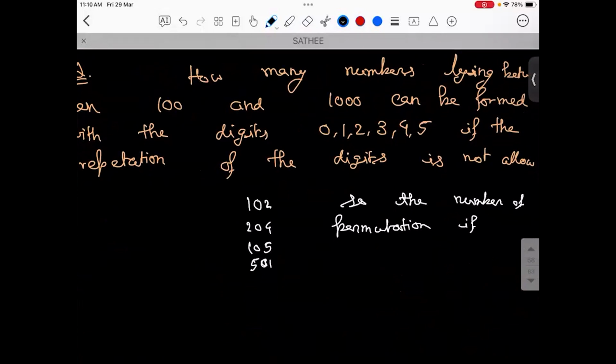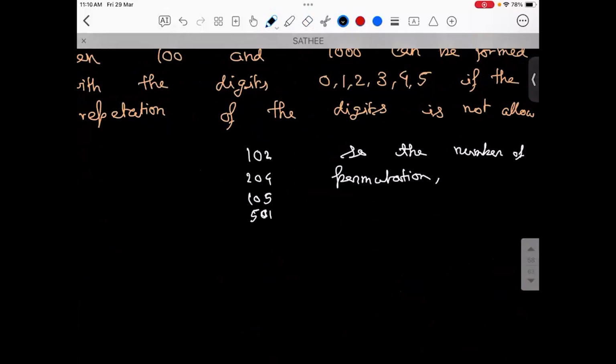Here n equals 6. Why n equals 6? Because we have only 6 digits. I can only choose these digits to write any number between 100 and 1000. Here we can't use 6, 7, 8, 9. We can only use these digits, and only 6 digits are given here.